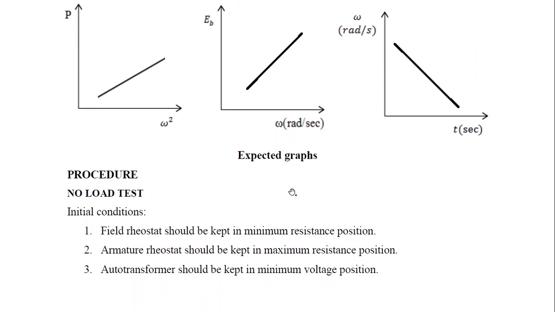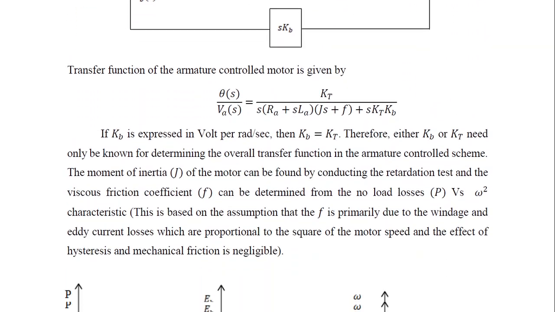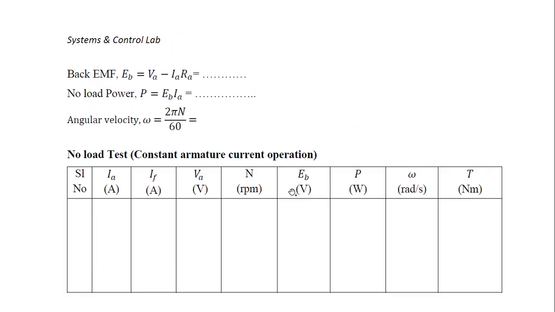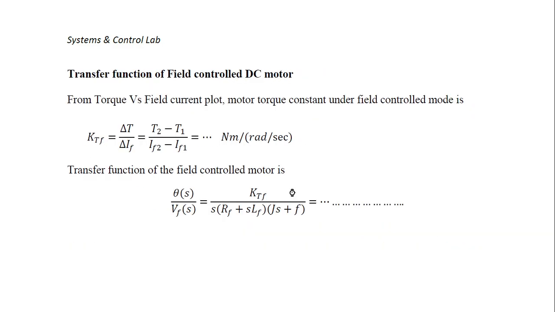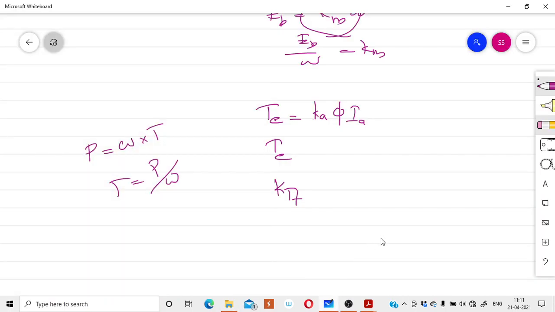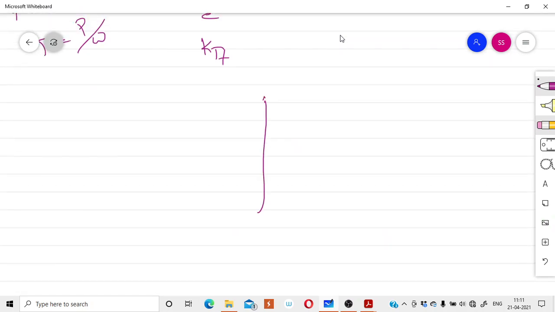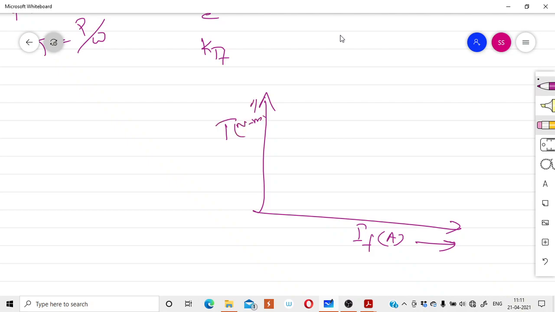Linear relationship will be there. I will draw the graph here. So IF in ampere on x-axis, then torque in Newton meter on y-axis.